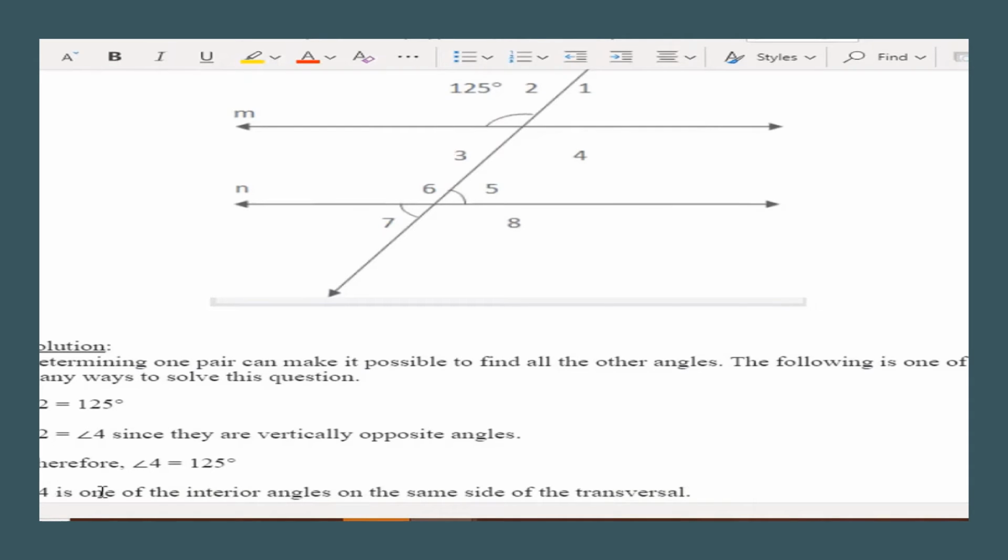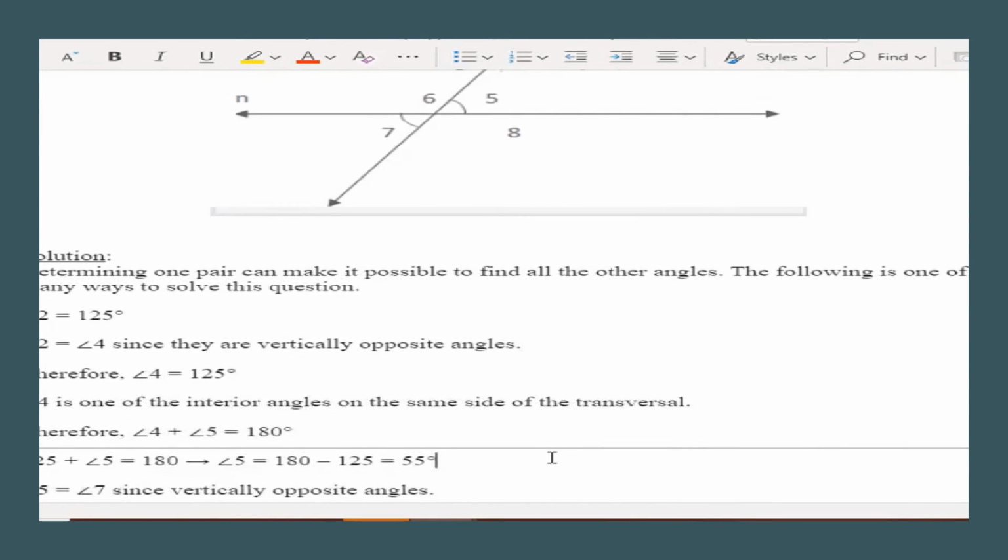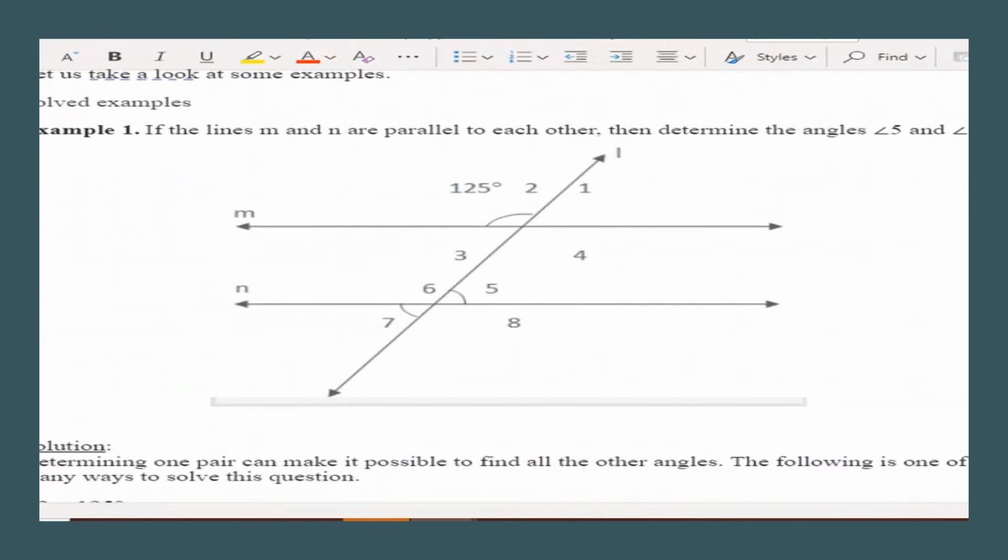Angle 4 is one of the interior angles on the same side of the transversal. So it says therefore angle 4 plus angle 5 equals 180, which is very true. Notice it is an interior angle on parallel lines.